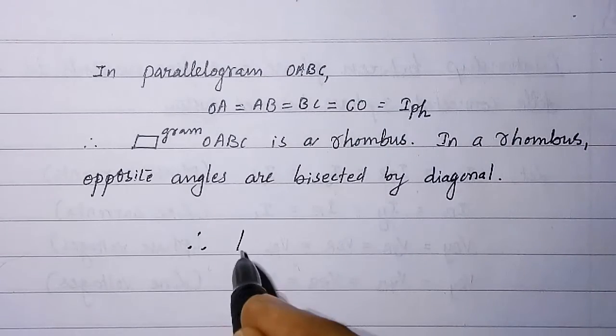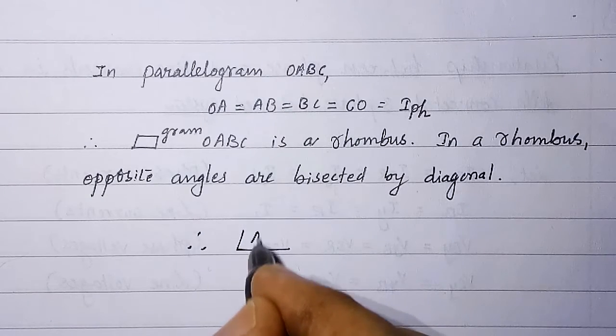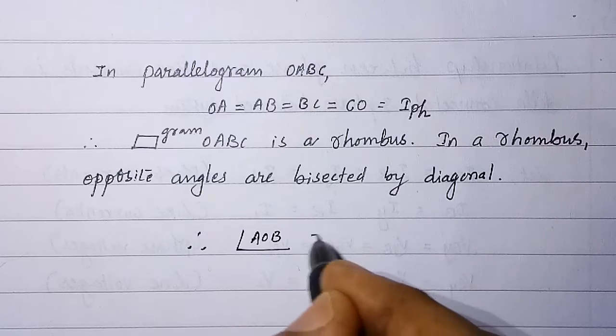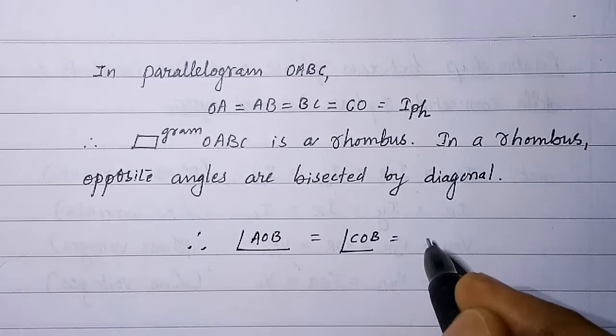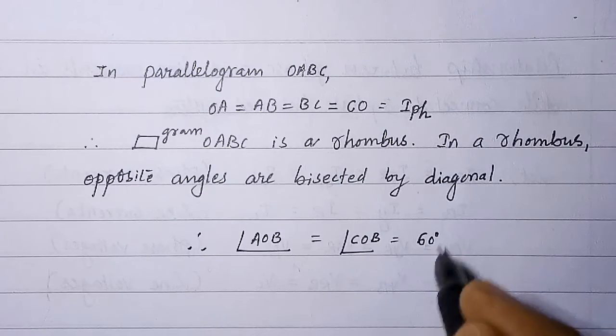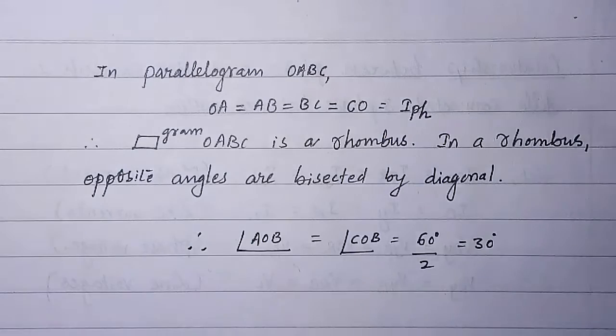Therefore, angle AOB is equal to angle COB is equal to 60 degree divided by 2, that is equal to 30 degree.